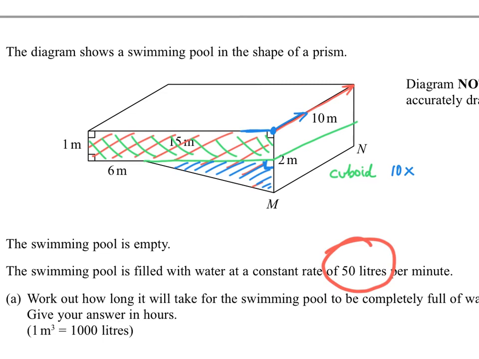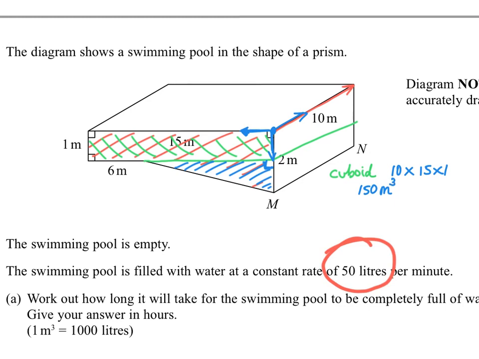Doesn't have to be the width as in the widest, or length as in longest, but one of the dimensions by the other, which is 15 by this one, which is 1. So the cuboid has a volume of 150 meters cubed.